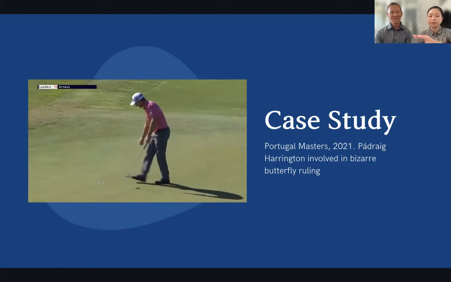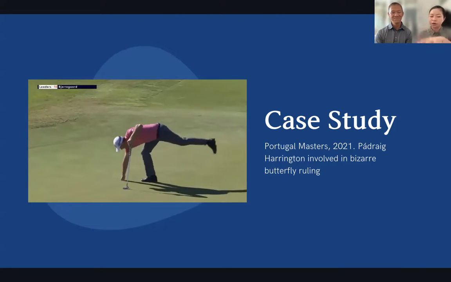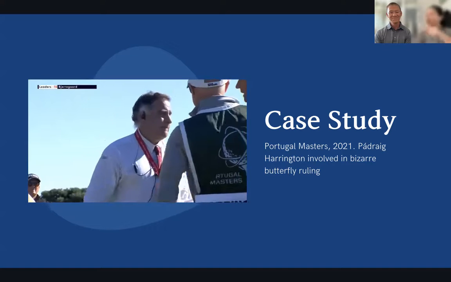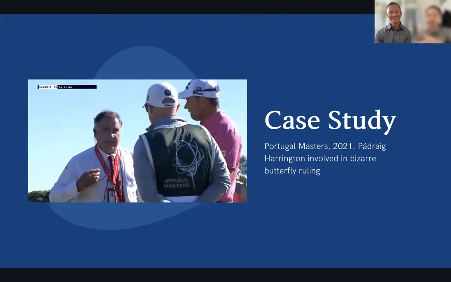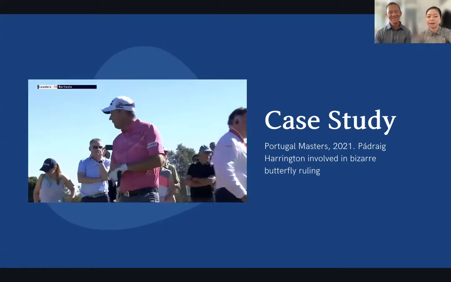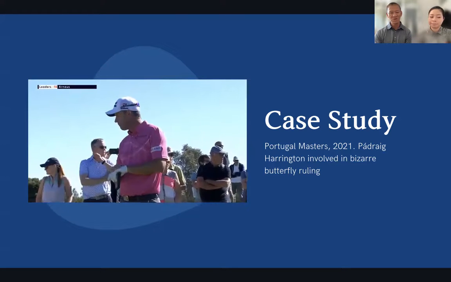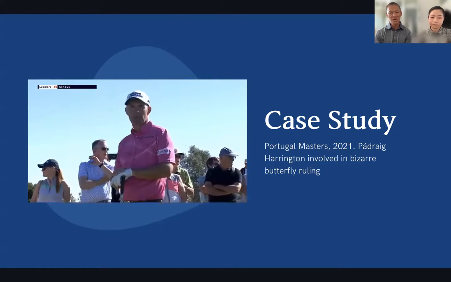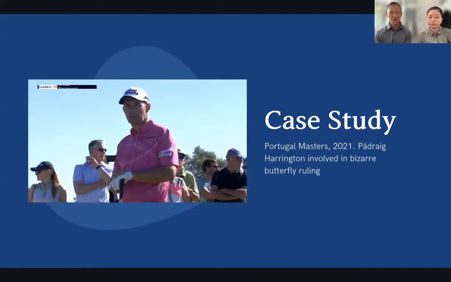If you zoom in, the question again is, did the butterfly push the ball in, or was the ball already on the path of going in and the butterfly just happened to be there? When you take a closer look, it was a very small butterfly or moth.